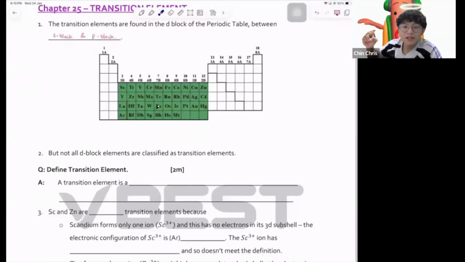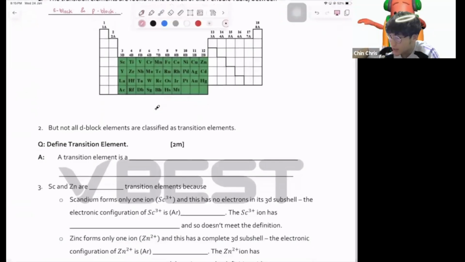Okay, so guys, to understand what a transition element is, you have to know its definition first. The definition of transition element has a few criteria. The first criterion is it must be a D block element. A D block element is a must. Second criterion: it forms one or more stable ions with an incomplete d orbital.